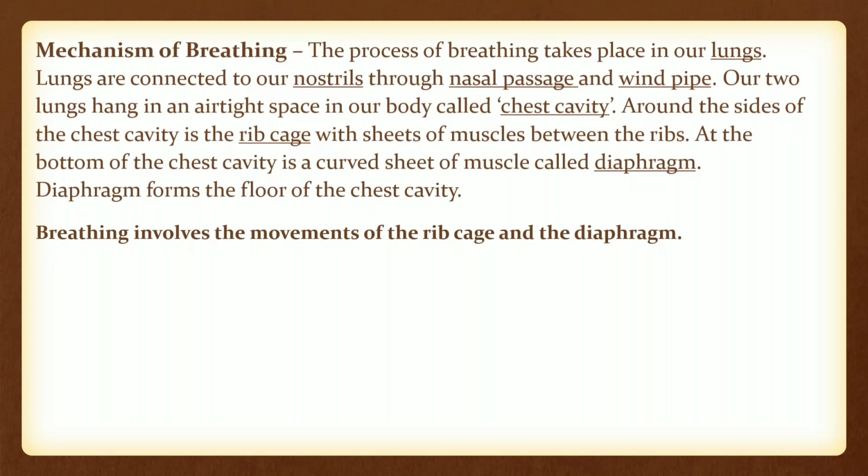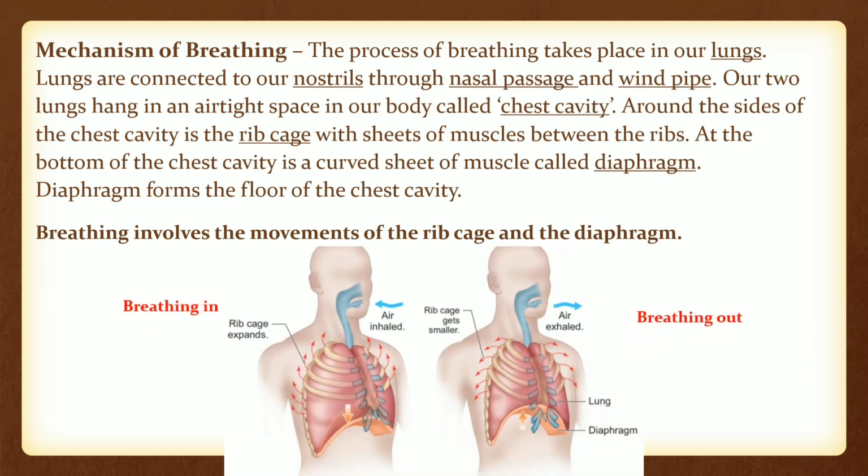Next, mechanism of breathing. The process of breathing takes place in our lungs. Lungs are connected to our nostrils through nasal passage and windpipe. Our two lungs hang in an airtight space in our body called chest cavity.